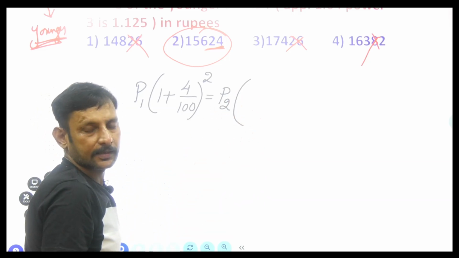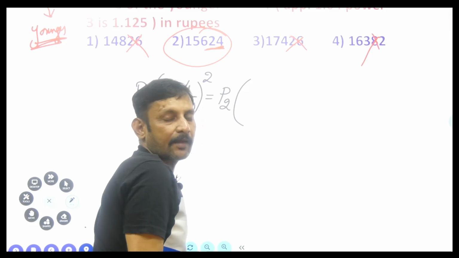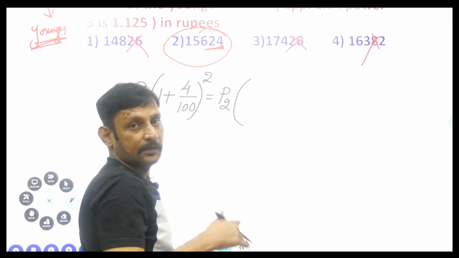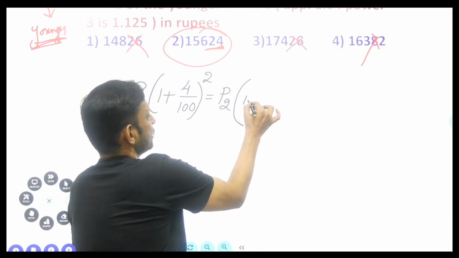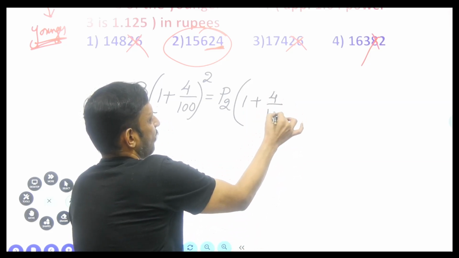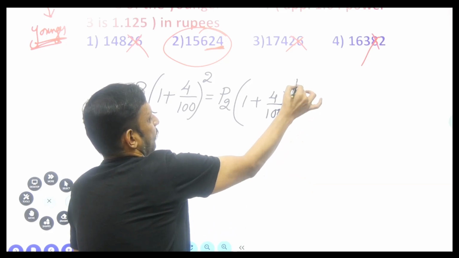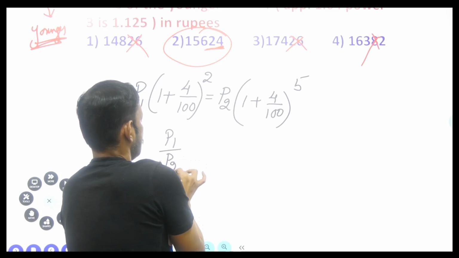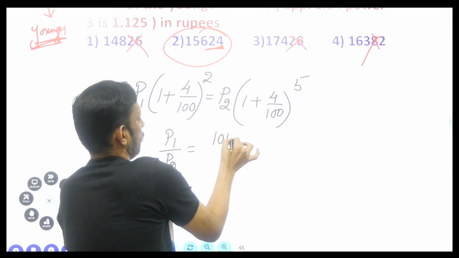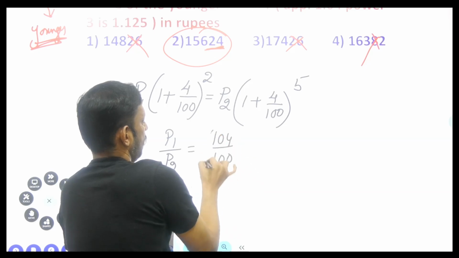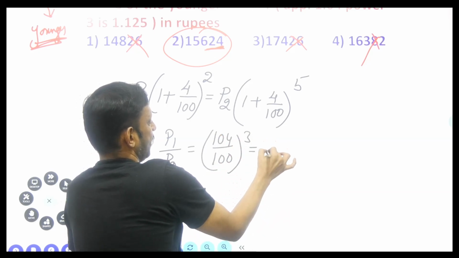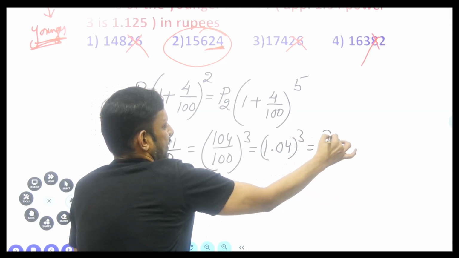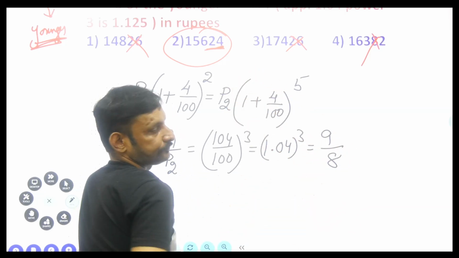P1 represents the principal of the elder son and P2 represents the principal of the younger son, and 1 plus R by 100 whole power 5 years, whole power 5. Now on simplification you will get P1 by P2 is equal to 104 by 100 whole power 3, that is nothing but 1.04 power 3, and that is given as 9/8 in the question.